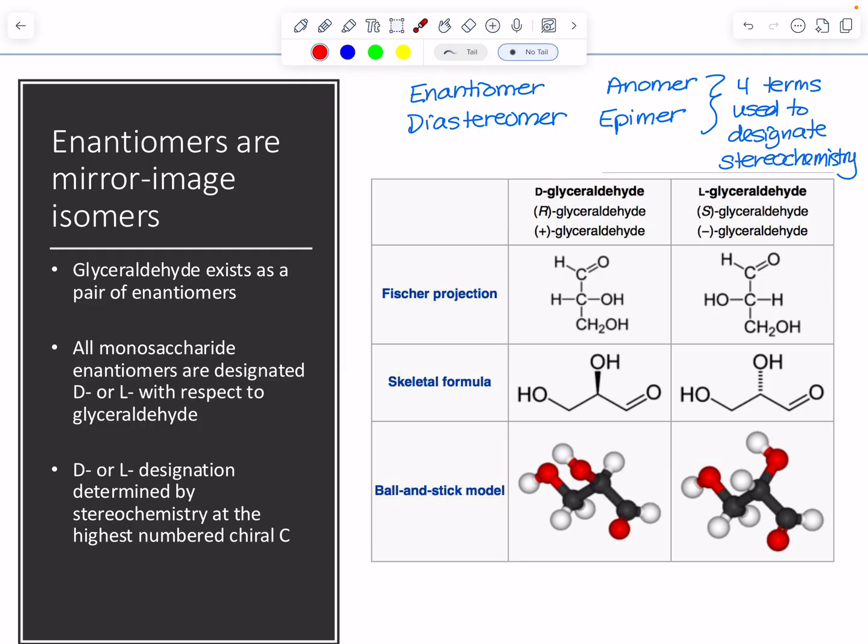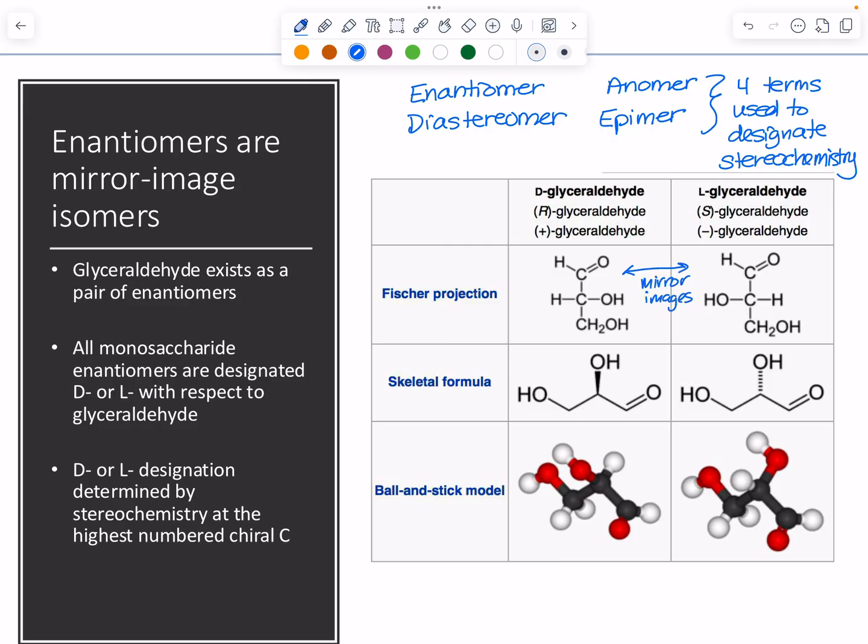Diastereomers and enantiomers. Enantiomers are mirror image isomers. If we take our glyceraldehyde here and reverse the stereochemistry at that 2-carbon, we have the complete mirror image of this molecule, and we call those enantiomers.